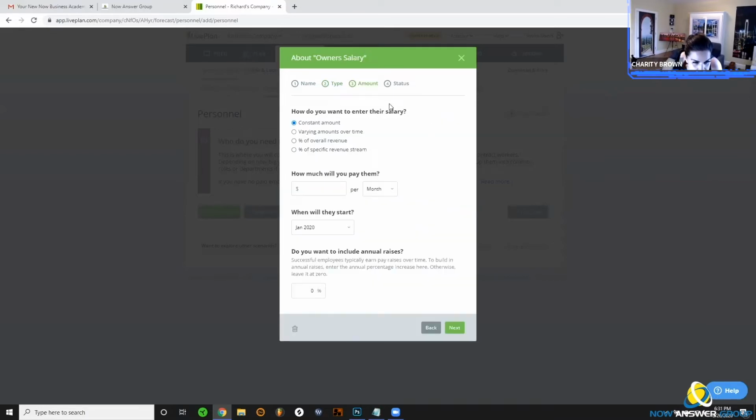And how do you want to enter their salary? So we could do a constant amount, a varying amount over time, a percentage of overall revenue, or a percentage of revenue on a specific stream of revenue. You guys can choose, but let's just say constant amount for an owner.